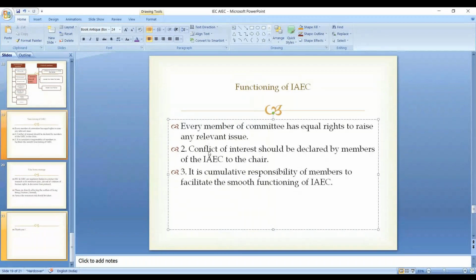Functioning of any committee is the cumulative responsibility of all the members, and they have to take care of all that. Okay.